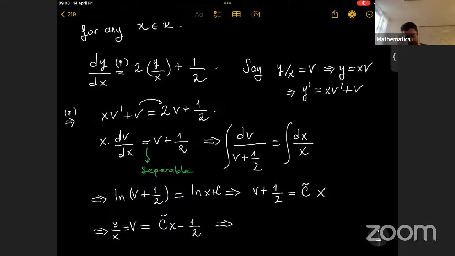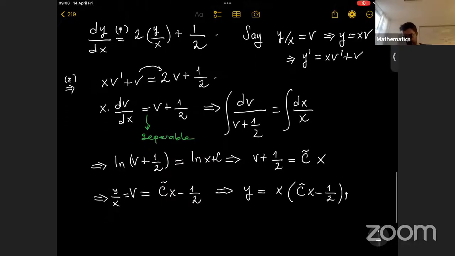So y is equal to x times (c tilde x minus 1/2), where c tilde is a constant. Here c tilde is any real number, okay? It can be any real number. Any question with this? Is it clear at all?